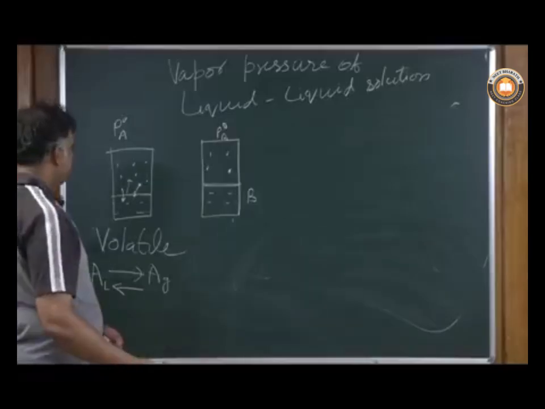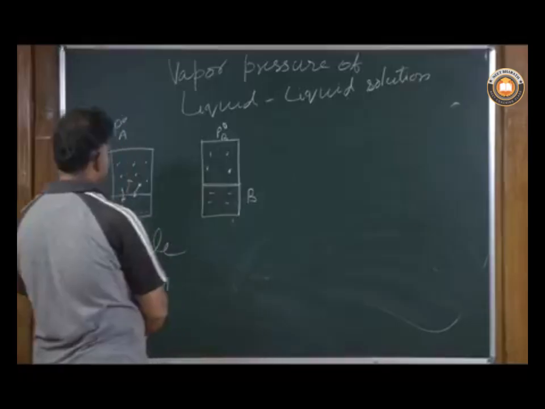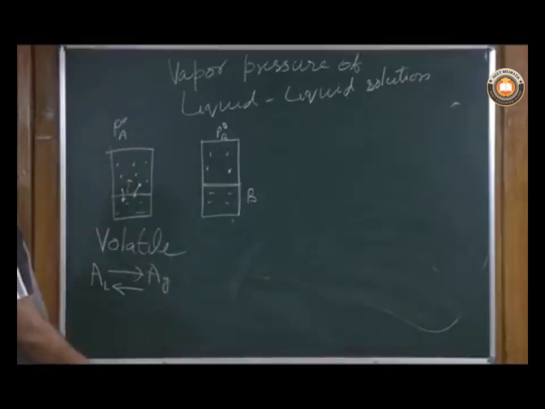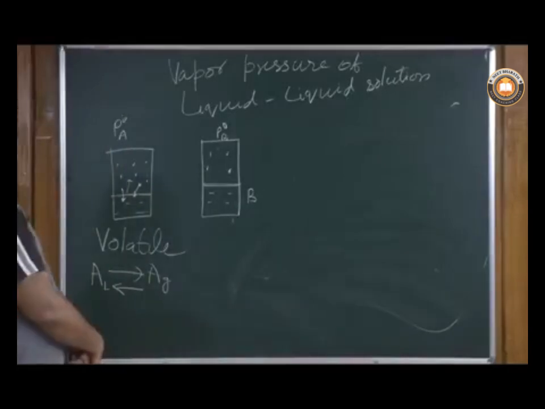So, the only pressure is going to be due to the gaseous molecules of B, and same thing here, the pressure is going to be due to only the gaseous molecules of liquid A.